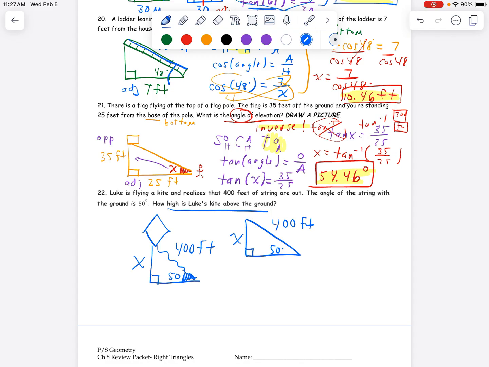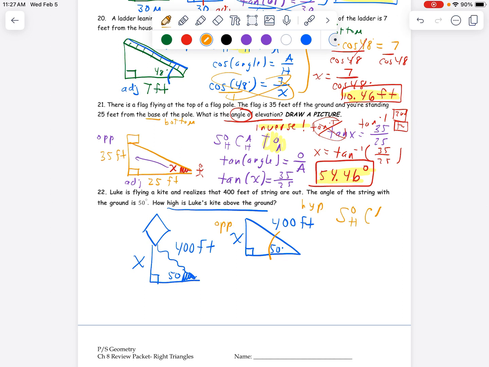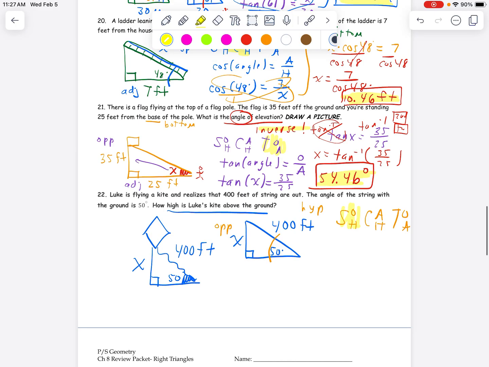If I were to create an equation, this time we do not need the inverse because we know what the angle is, but we do have opposite and hypotenuse here, which, thinking about right triangle trig, is sine. So sine of my angle is equal to opposite over hypotenuse, or sine of 50 degrees equals x over 400.